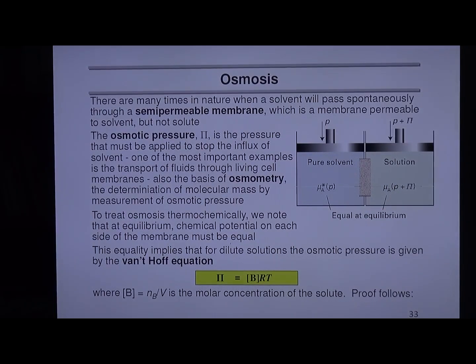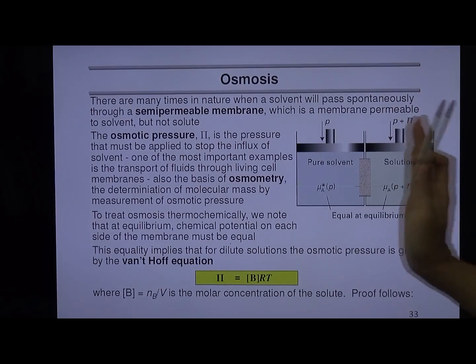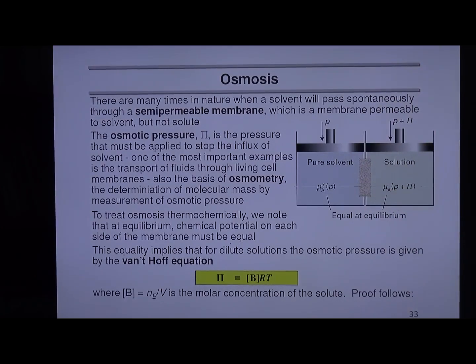To stop it, we need to exert some more pressure on the solution, on this side, to prevent the solvent from coming to the right. That pressure is called osmotic pressure. And osmotic pressure is also a colligative property.